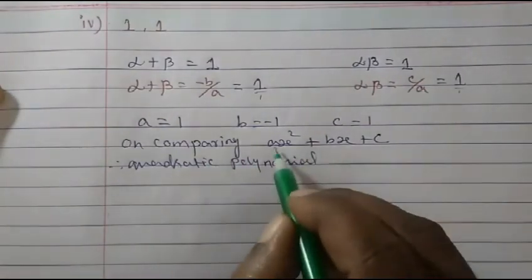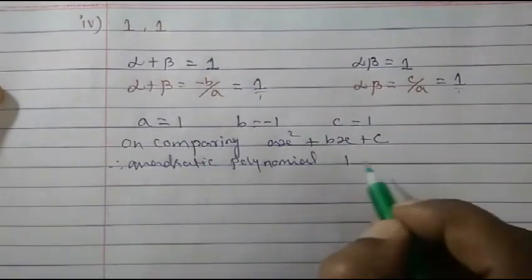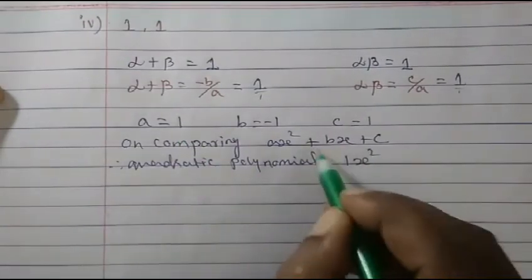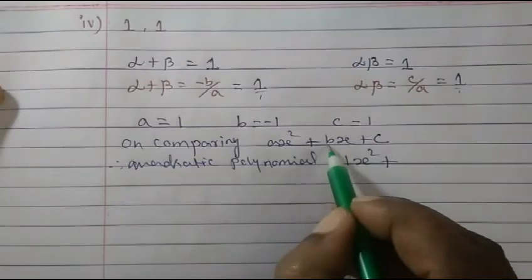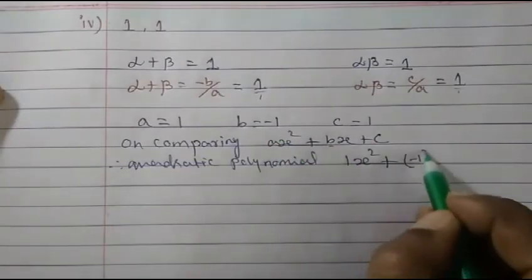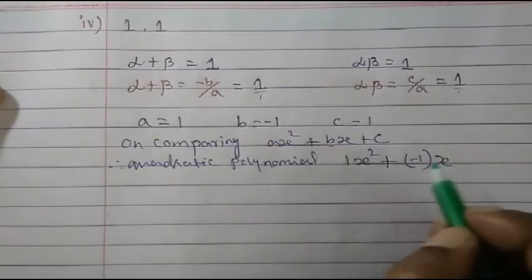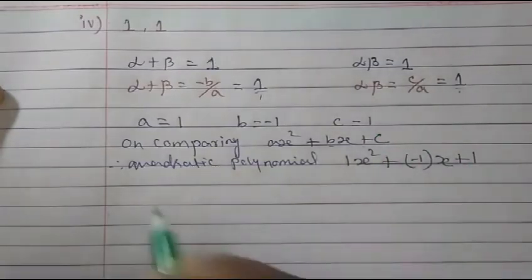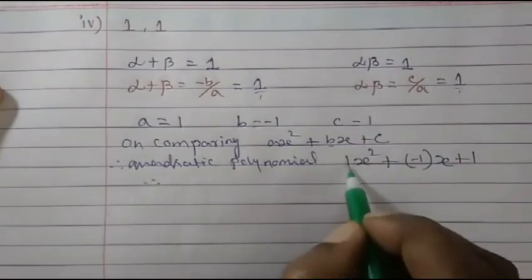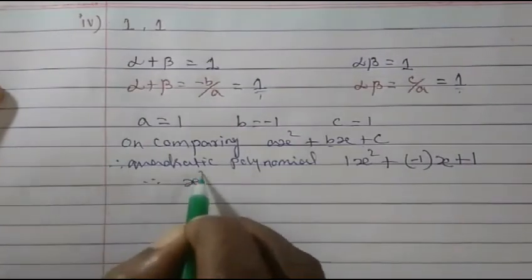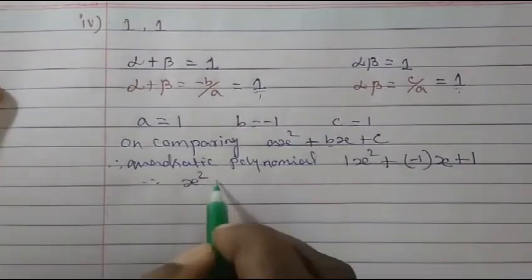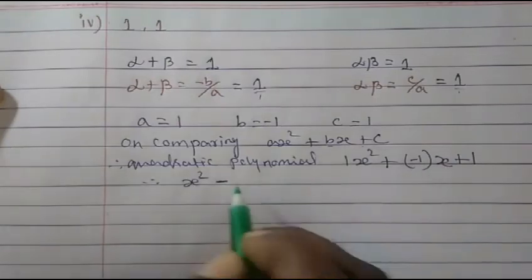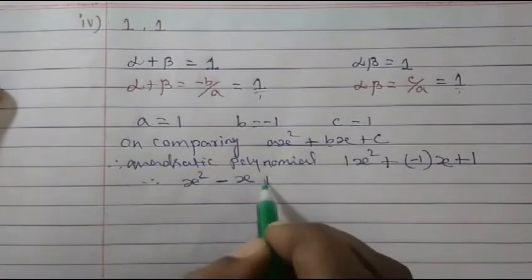In the place of a we write 1 x square, plus in the place of b we write minus 1, this x as it is, then plus in the place of c we write 1. Therefore we will get 1 into x square, plus minus 1 into x will be minus x only, then plus 1.